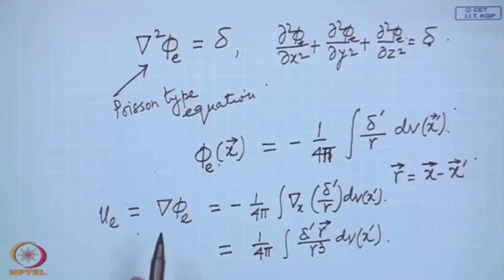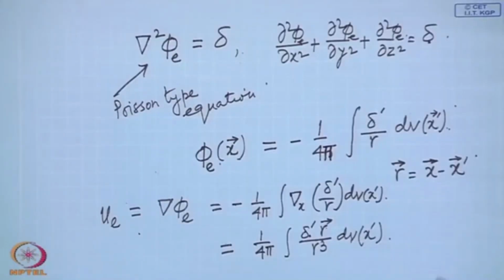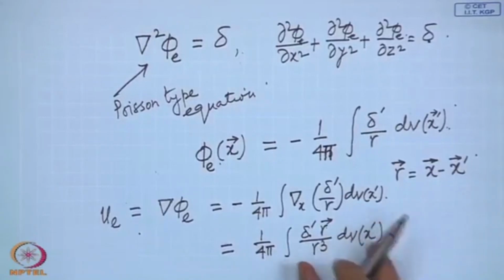So, this velocity field can be thought of as simply the velocity field due to a rate of expansion delta prime at point x prime, but there is no other rate of expansion. If we consider one small infinitesimal element at x prime, which is given by dV prime volume, then the velocity field due to that rate of expansion delta prime is this quantity, 1 by 4 pi into this quantity. So, we can call that as delta u e.